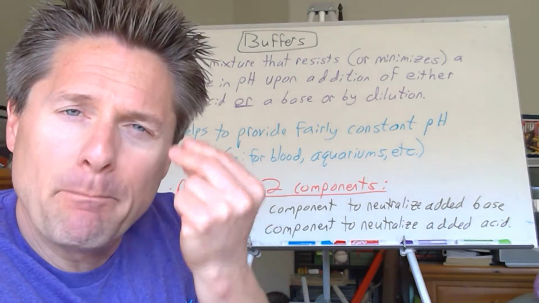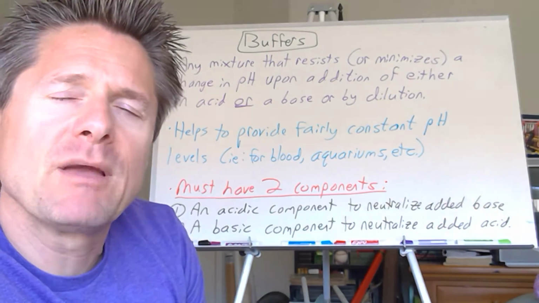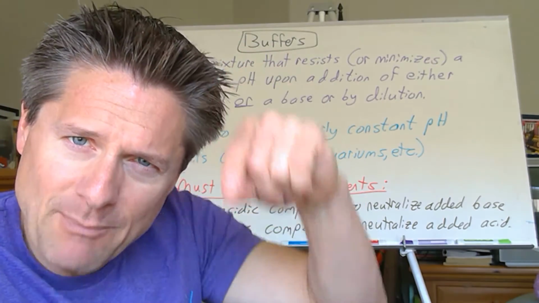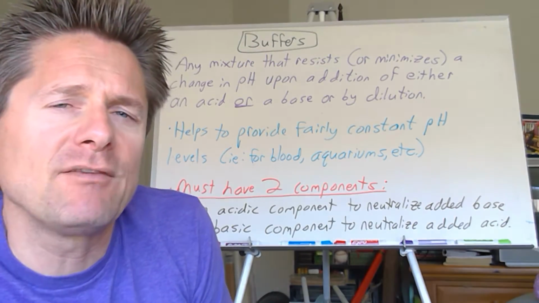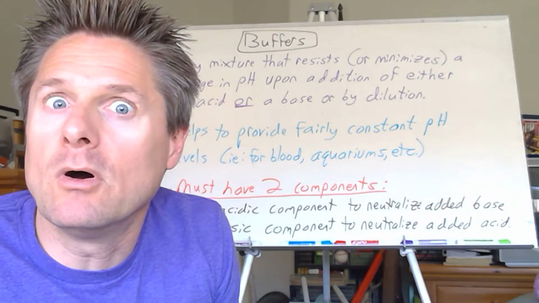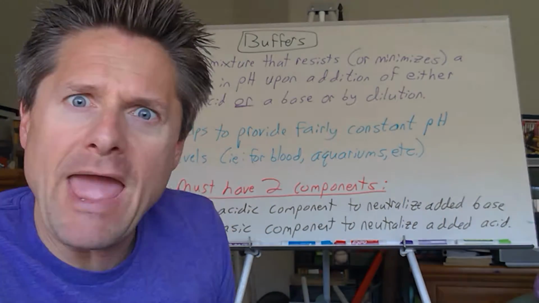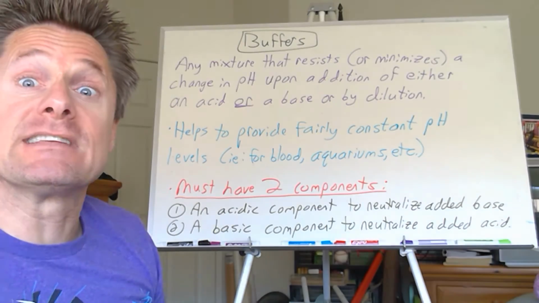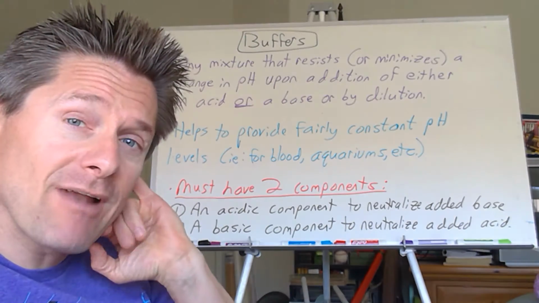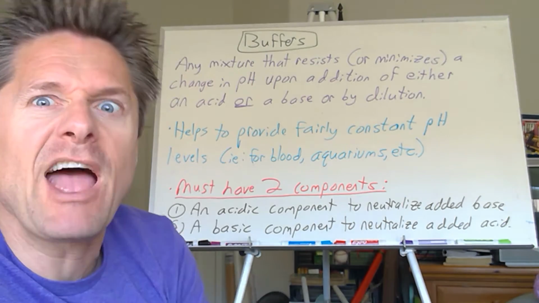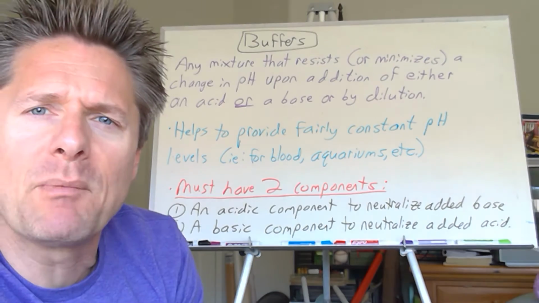If that was a buffer, and we're going to look at what makes up the components of a buffer, and you add some drops of strong acid in there, you'd expect the pH to plummet. It doesn't. It's like, whoa, that's weird. Or if I add a base to that same buffer system, add a couple drops of sodium hydroxide or something, you'd expect the pH to skyrocket and scoot way up above 7.